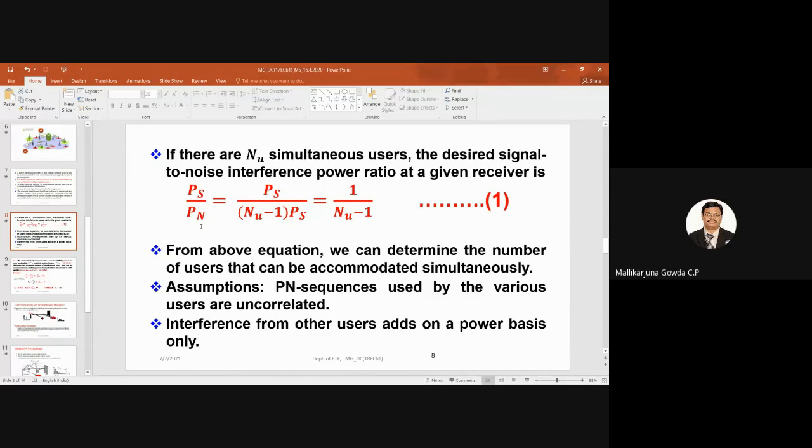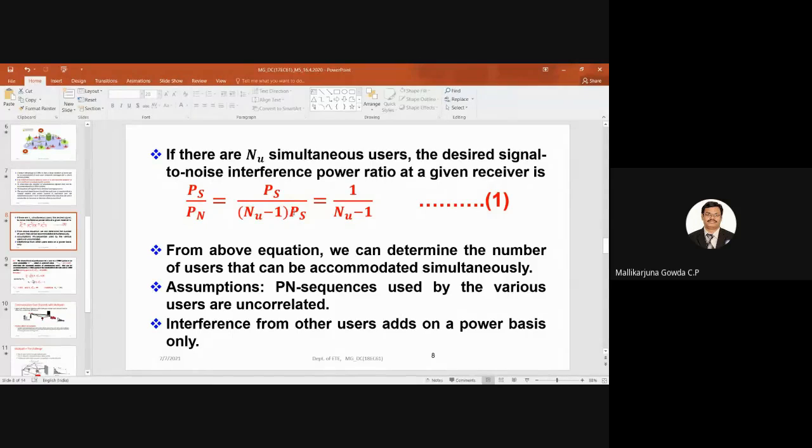So Ps by Pn is equal to Ps divided by (N_u minus 1) times Ps. Here Ps gets cancelled, so I get 1 by (N_u minus 1), where N_u is the number of simultaneous users. Here I have substituted the noise interference as the number of users minus 1 times the desired signal power.